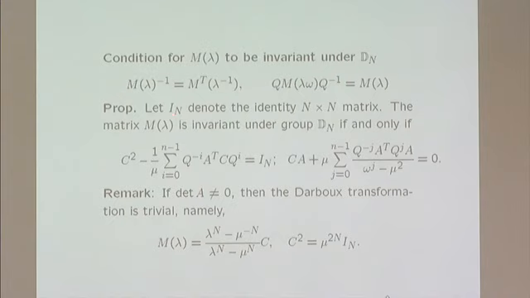Now I want to look at my double transformation and ask under what condition it will be invariant under Dn. On the assumption that the second condition is automatically satisfied, the only thing I need to check is the first one. I put that in, compare with the poles, and you get two conditions.